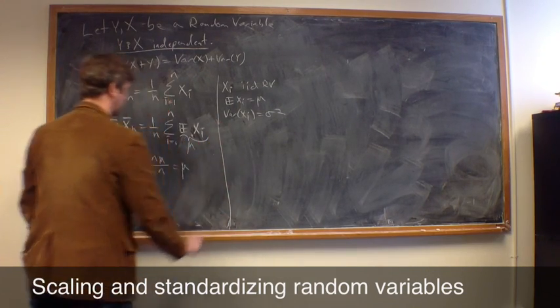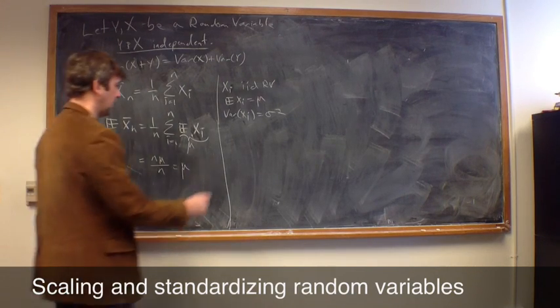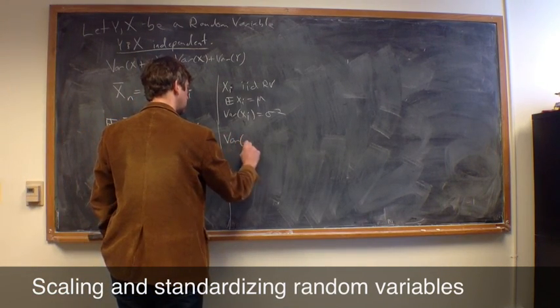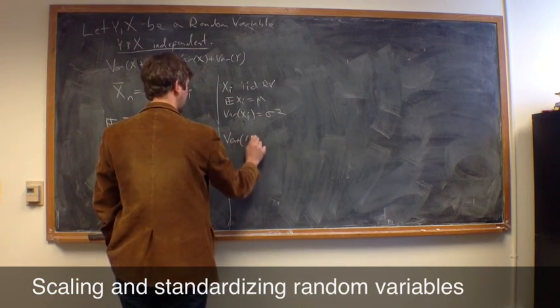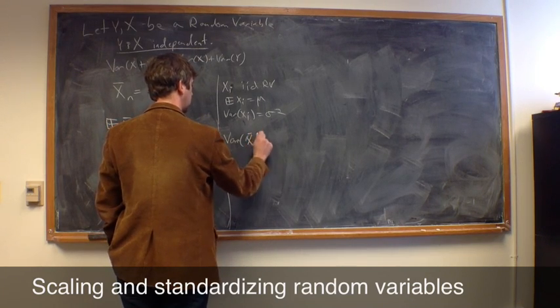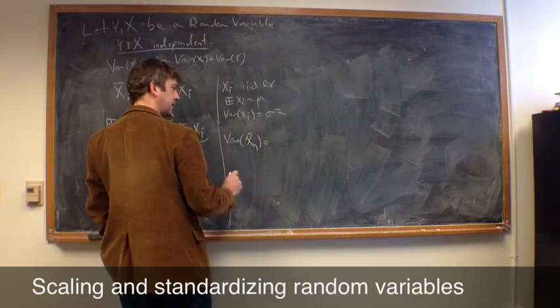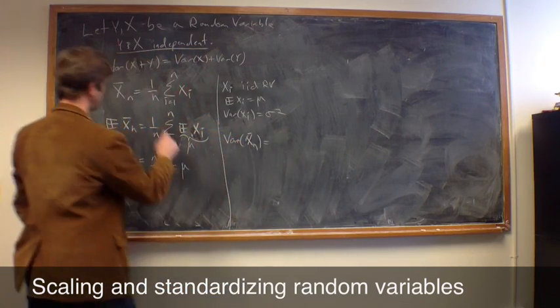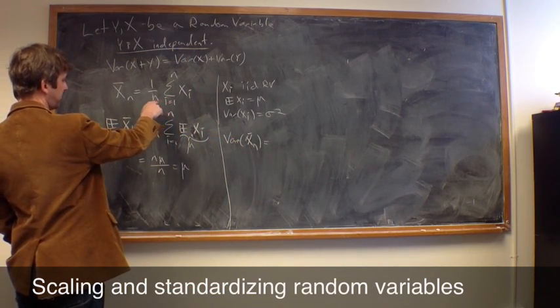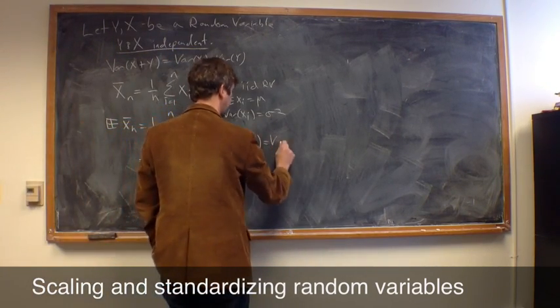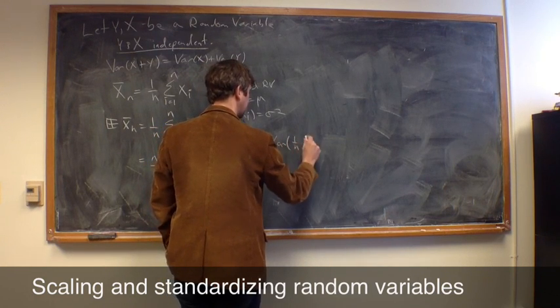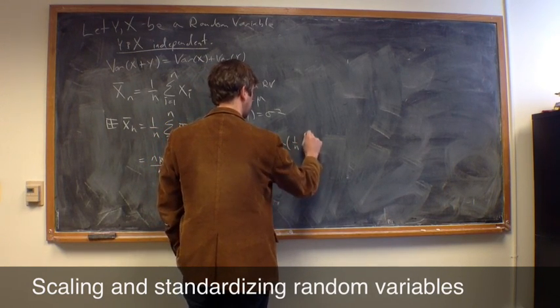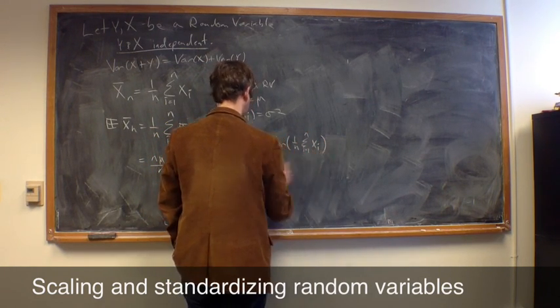And very similarly, if I look at the variance of x bar n, well, that should be the sum of the variances, because they're independent. So first, let's pull out the factor. That's the variance of 1 over n, the sum i equals 1 to n of x_i.